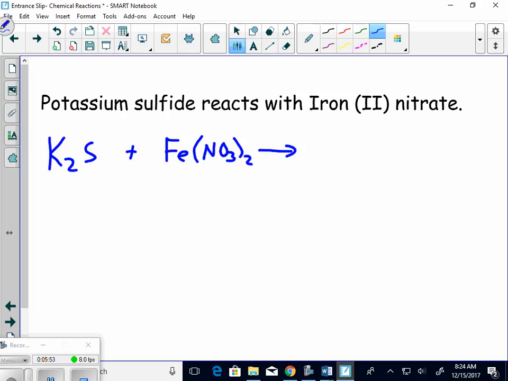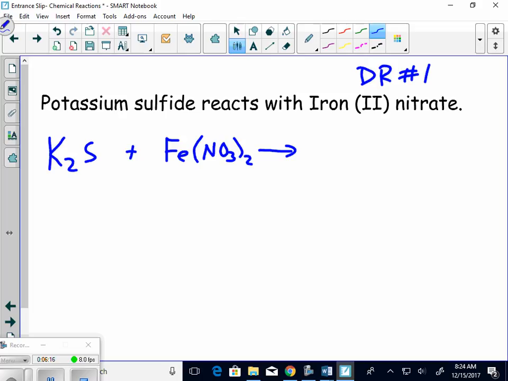Now this is a double replacement reaction with 2 aqueous salts. So this is a double replacement number 1. When I have 2 aqueous salts, I have my rules I need to follow.